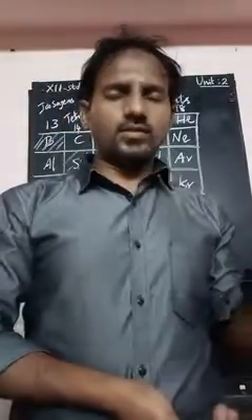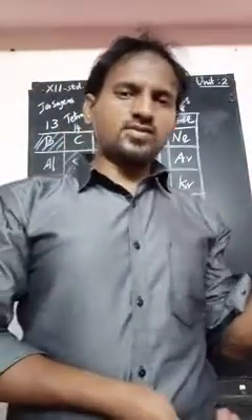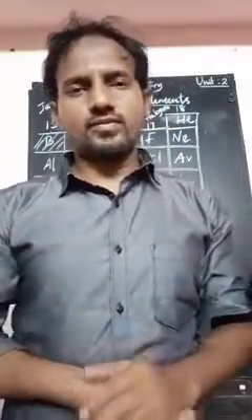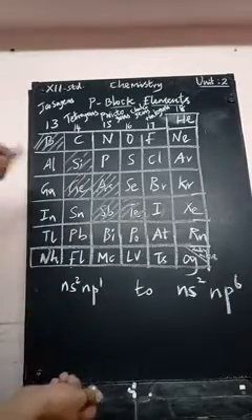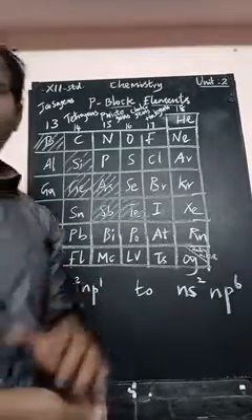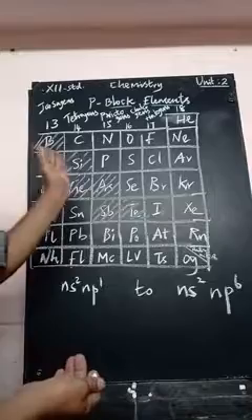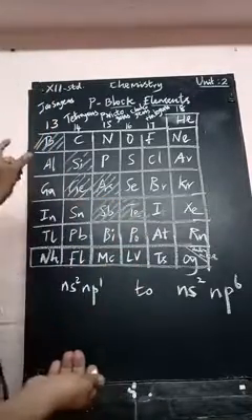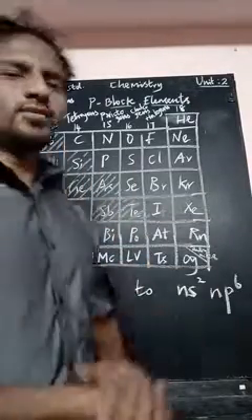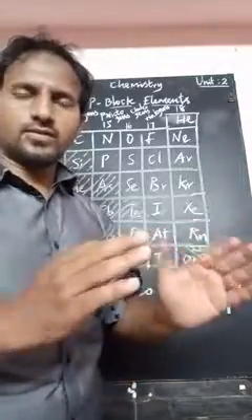These properties make the first element of each group differ from other elements. In group 13, boron is a semi-metal. It has a diagonal relationship with silicon, because the oxides of boron and silicon have a similar acidic character.